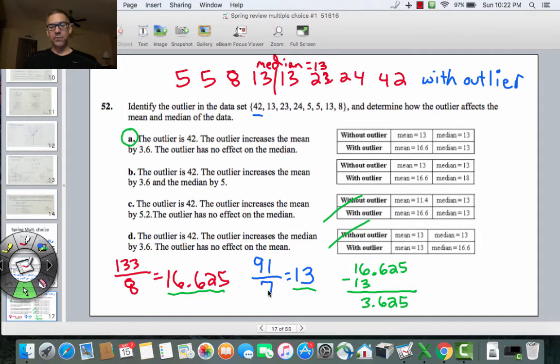So that's 91 over 7, which is 13. So the outlier does increase the mean by 3.6, and the outlier has no effect on the median because if you put them in order, you can tell that the middle number would be right there, 13, and if you take out the 42, then the median would still be 13.